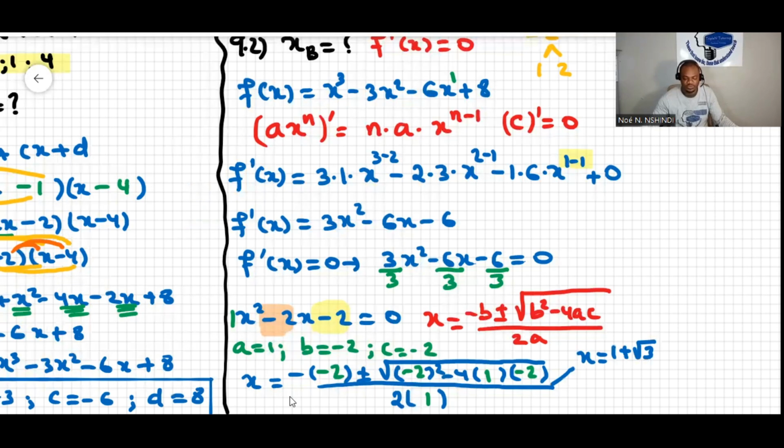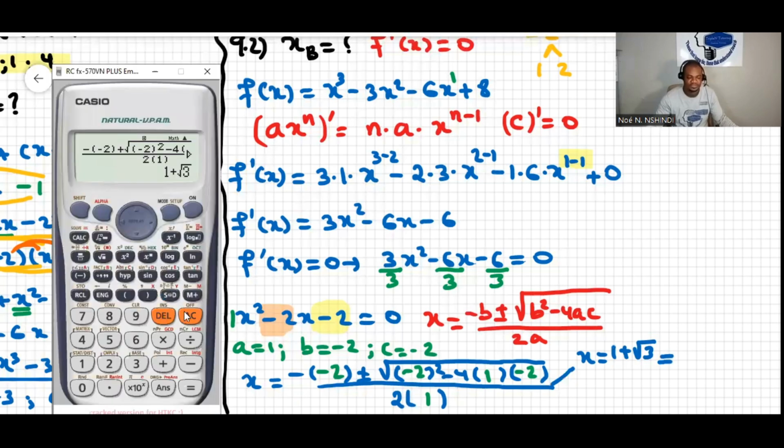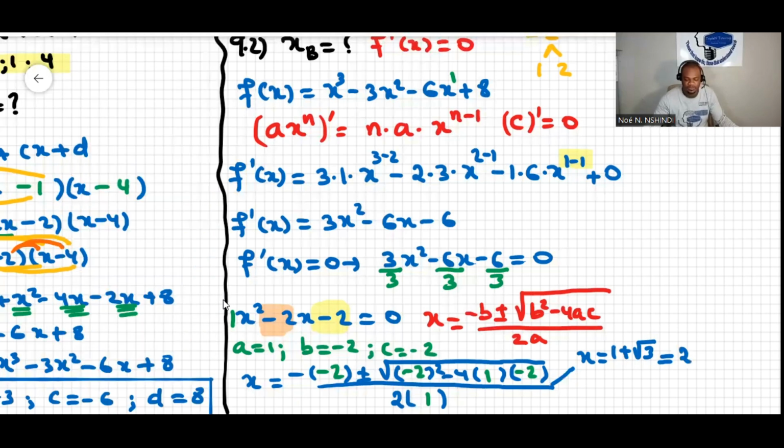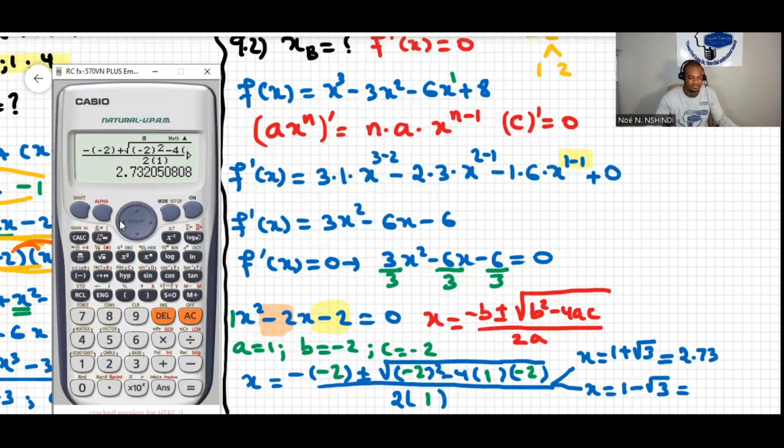Which is equivalent to, if I press SD, for instance, 2.73. So right here, 2.73. With the other, x will be equal to just 1 minus root 3, okay?